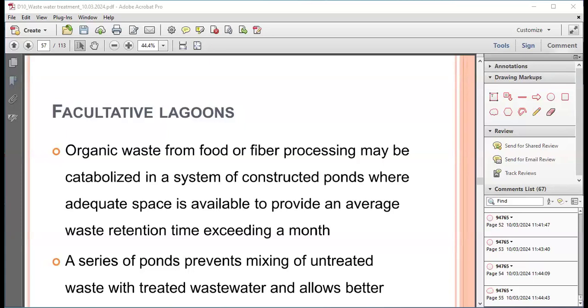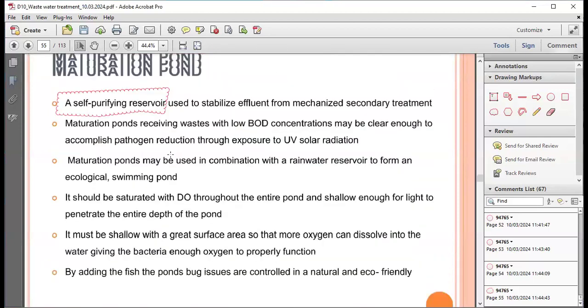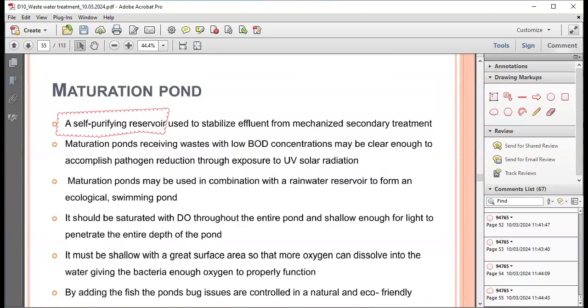High work condition. This one, the flocculation, facultative, like it's organic. Previously, we saw in this one the natural maturation pond. Maturation means maturation.